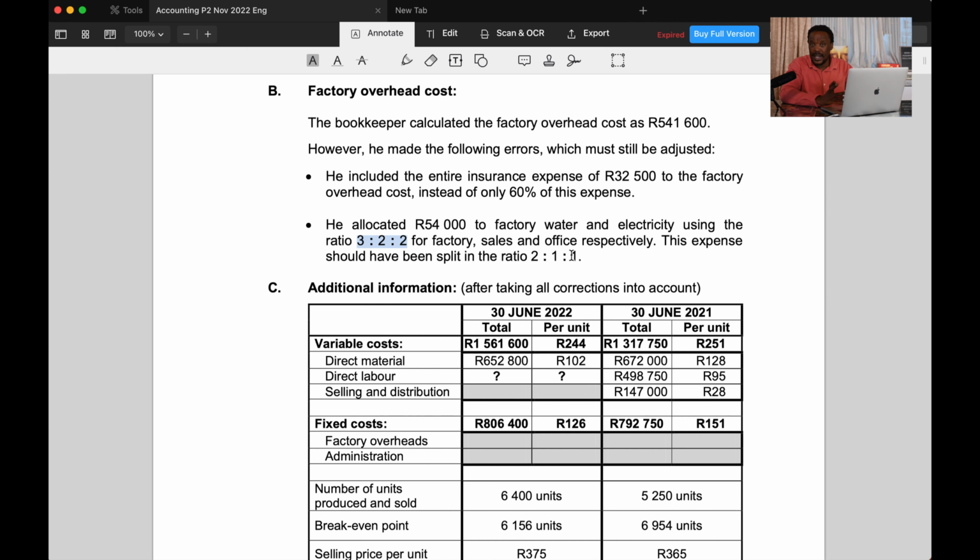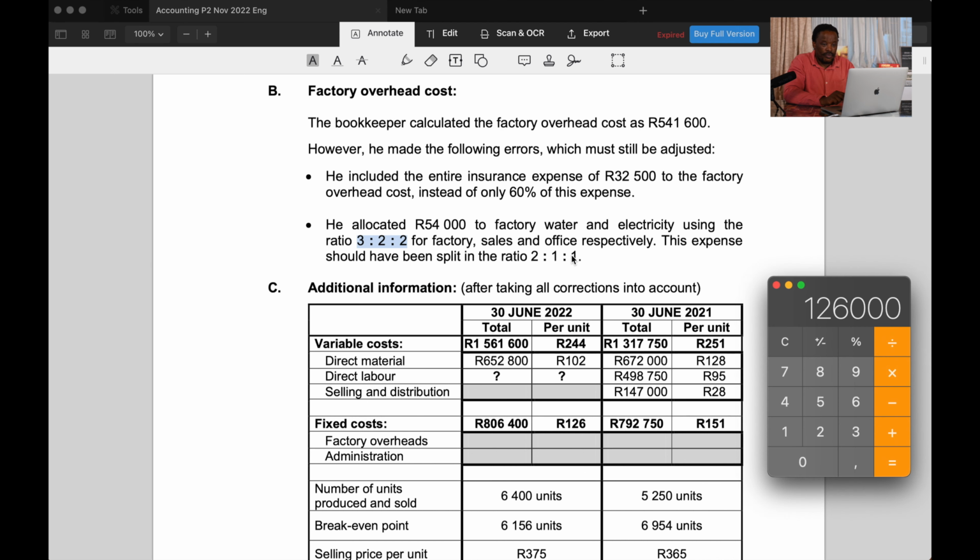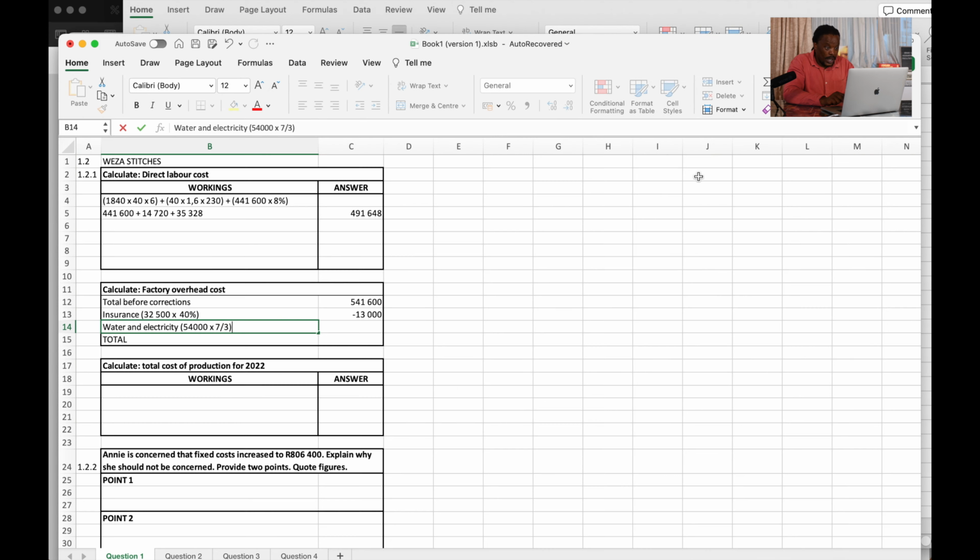You add the denominators together and then you allocate pro rata. So now 126,000 is multiplied by 2/4.